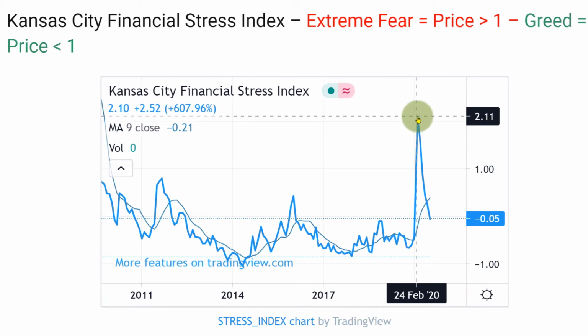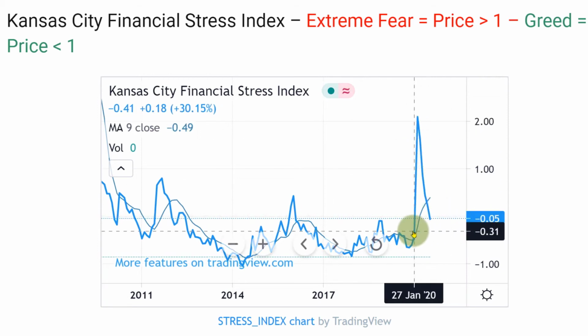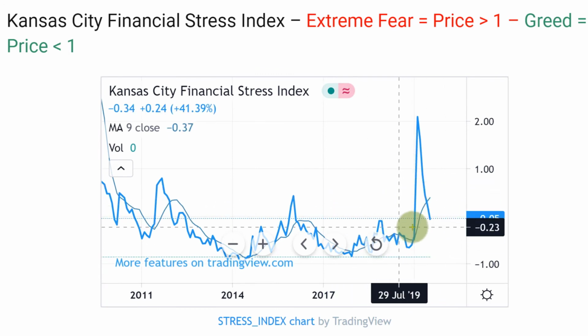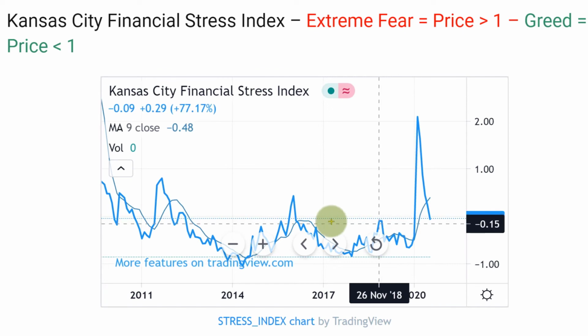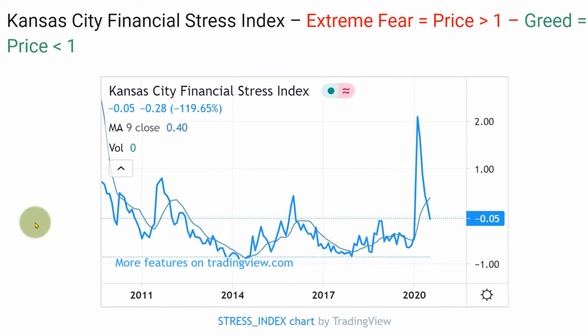So you would have got a heads up about the Corona crash having a severe impact on the economy by using the Kansas City Financial Stress Index. And now here you can see it's returned down to 0.05, which indicates good functioning again of the overall financial system. So a great sentiment indicator.